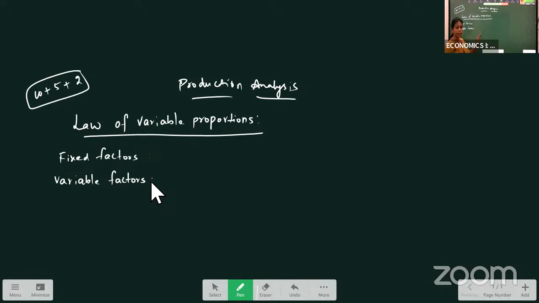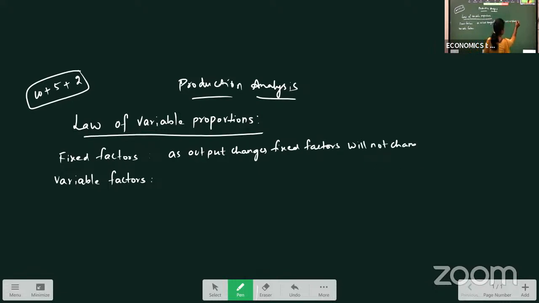Fixed factors do not change as output changes. Means even though you increase your output, your fixed factors are not going to change.